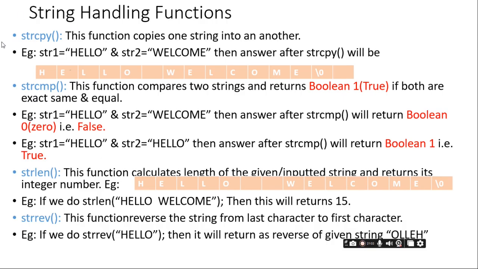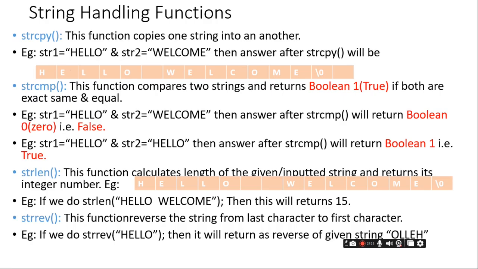So str stands for string and cpy stands for copy. So string handling functions which are ready to use or ready-made available for us, or inbuilt functions or predefined functions which are there in the string.h header file, are always a combination of two words.